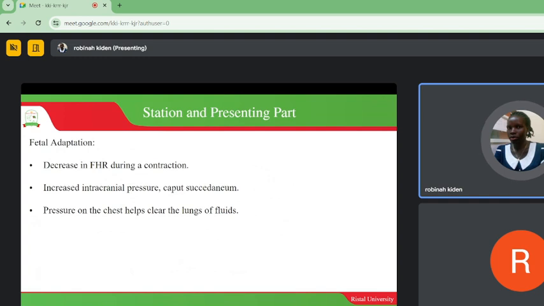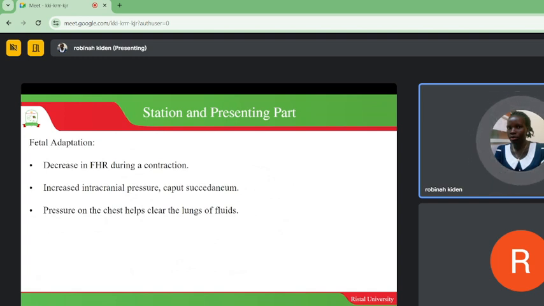Then fetal adaptation: there is a decrease in fetal heart rate during a contraction. There is increased intracranial pressure. Caput succedaneum can also be seen. So the pressure within the cranium of the fetus is increased, and as a result there may be accumulation of fluids under the skin, under the membranes.